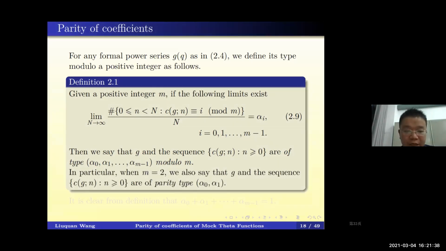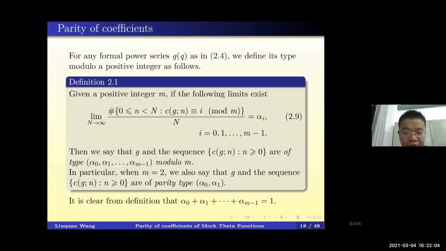In particular, when m equals 2, there are only two densities here: alpha_0, which means the density of the even values, and alpha_1, which means the density of the odd values. So when m equals 2, we will also say that G and its coefficient sequence are of parity type alpha_0, alpha_1.